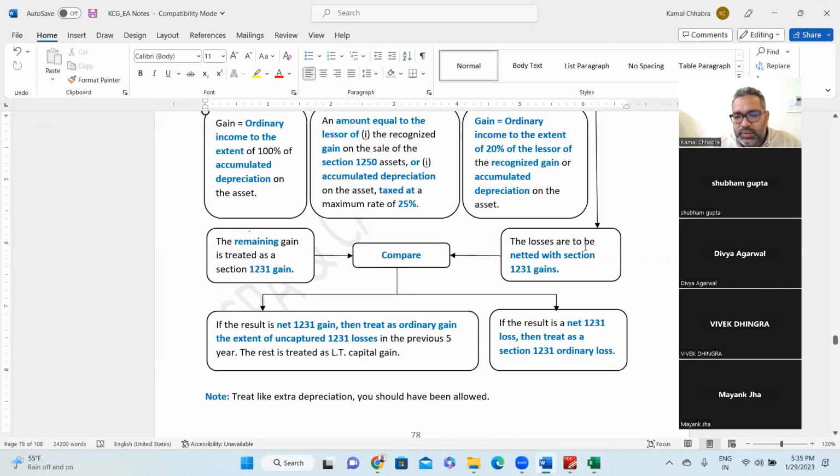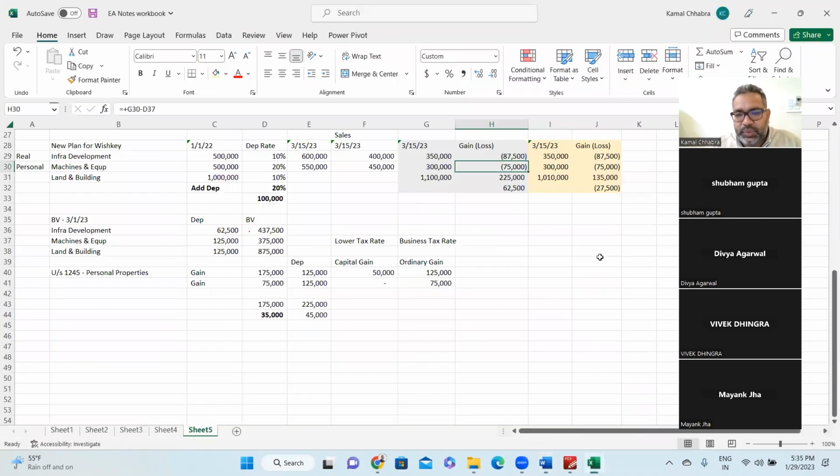The losses are to be netted off under section 1231, right? If you have a loss on one asset, you can net it off against the profit or gain from another asset, right? So here on another asset, you have a profit. And this is the net position for all the gains and losses.